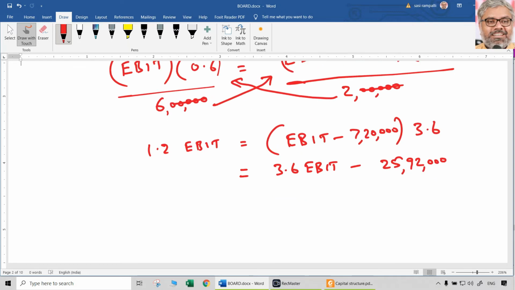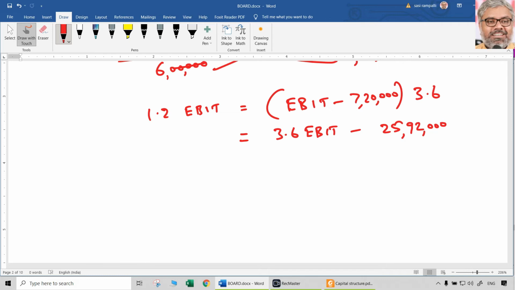Now bring the 25 lakhs 92,000 to this side and bring 1.2 to the other side. So 3.6 minus 1.2 will be naturally 2.4 EBIT. So 2.4 EBIT is equal to 25 lakhs 92,000.